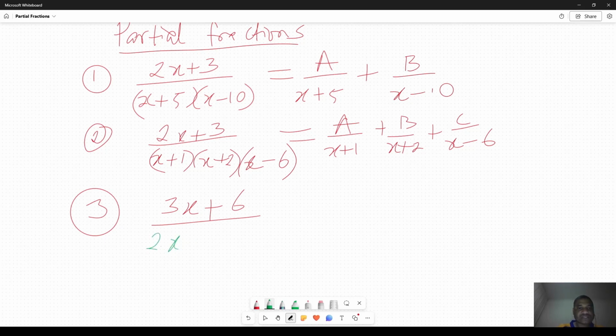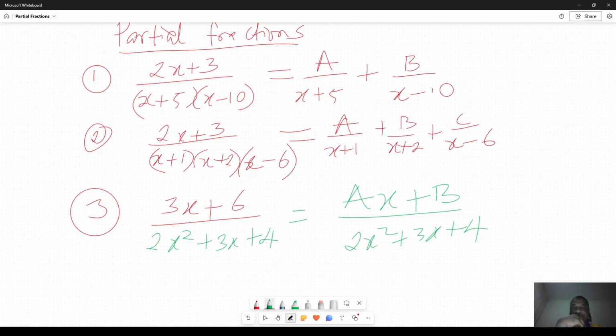Let's say 2x squared plus 3x plus 4. What do we do? It is very important you check if you can factorize. If you cannot factorize, then this will be Ax plus B over 2x squared plus 3x plus 4. If you cannot factorize.